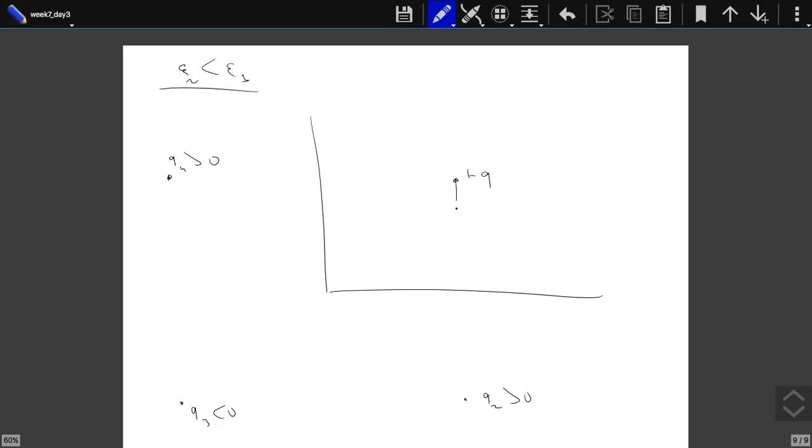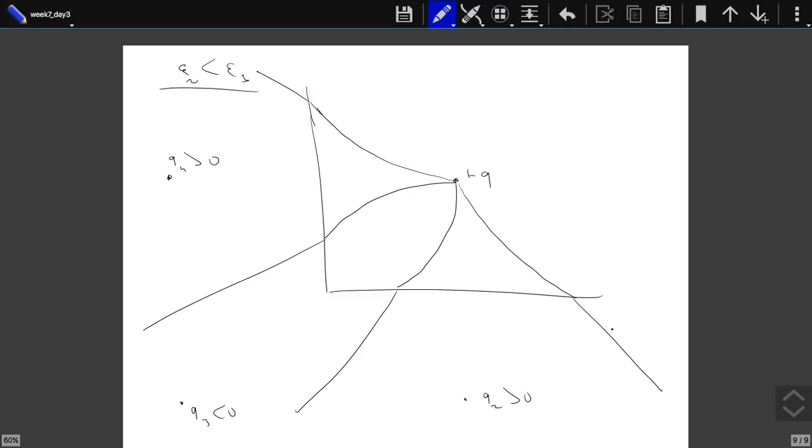So the electric field lines will be something like this. This is how they will look.